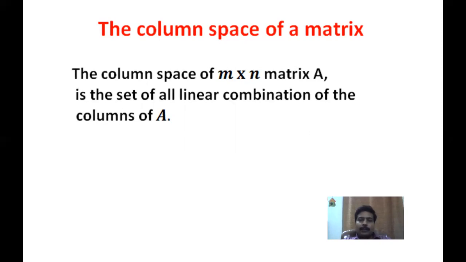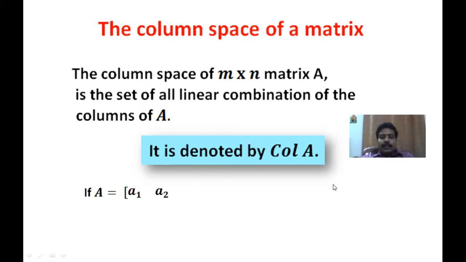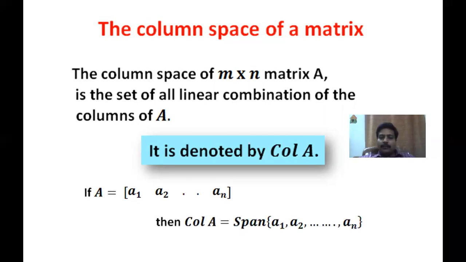So the column space of an m by n matrix A is the set of all linear combinations of the columns of A. It is denoted by Col A, and we pronounce it as column space A. If A is the matrix [a1 a2 ... an], where a1, a2, ..., an are the columns of matrix A, then Col A is the spanning set of these column vectors a1, a2, ..., an. We have already seen that Col A is a subspace of Rm.